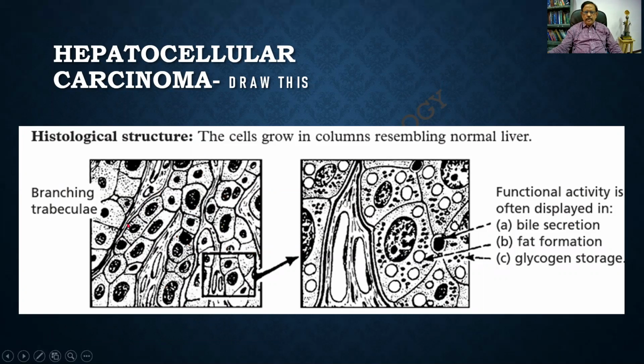I am finding cords and broad bands of these trabeculae, and the nuclei are enlarged. There is some variation in the size of the nuclei. Some are small, some are large. And in some areas, I find that there is some secretion that I can see within the hepatocytes. So this is the hepatocellular carcinoma.